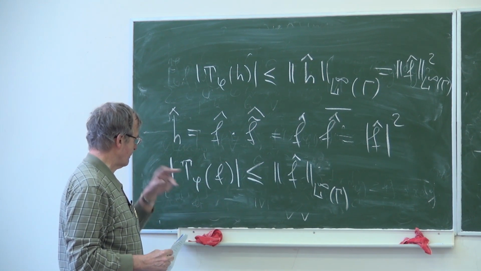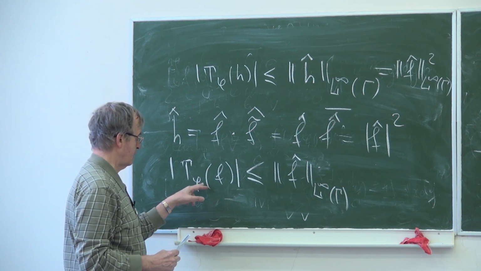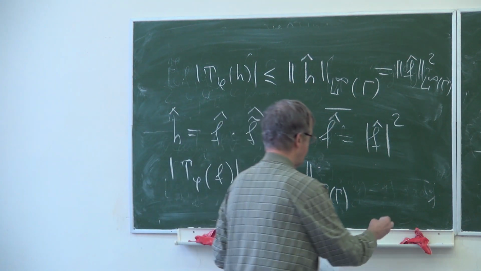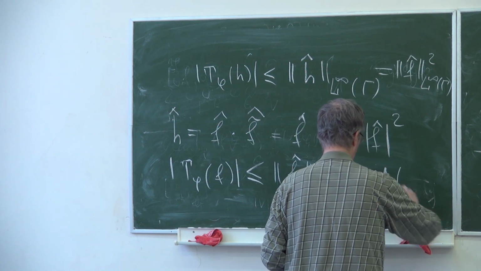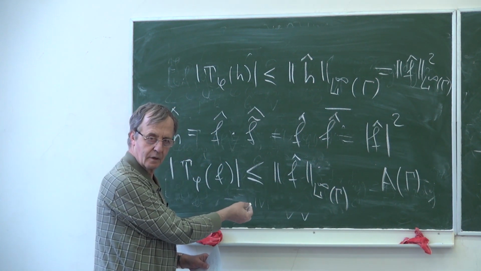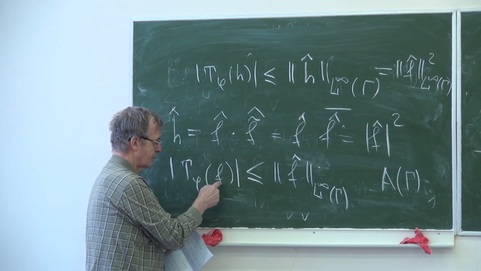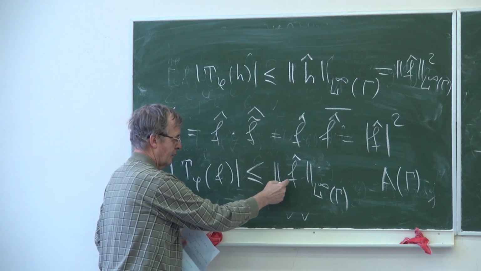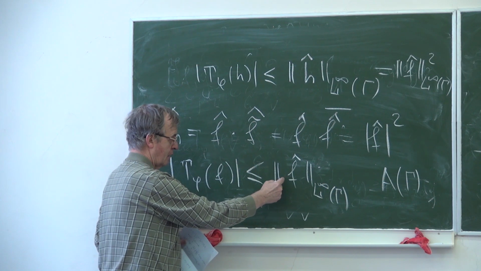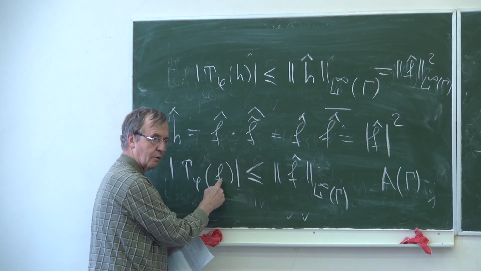This means somehow this T phi may be interpreted as a bounded linear functional on this space A of gamma supplied with a uniform norm. Yes? We still don't know whether there is a uniqueness theorem for Fourier transforms, that is, whether the fact that this function is equal to 0 implies that f itself is equal to 0.